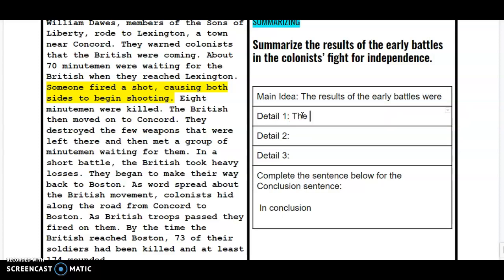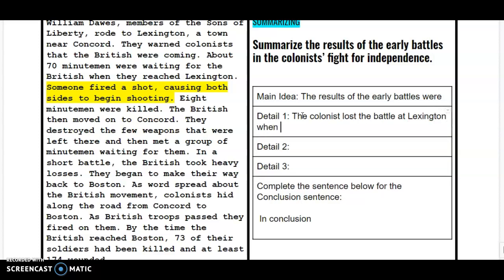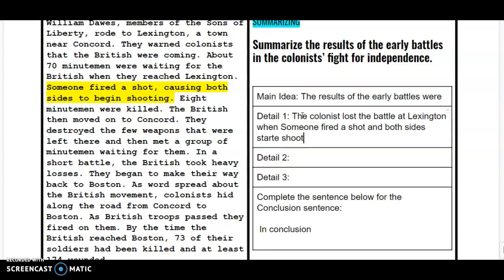So I'm going to say the colonists lost the battle at Lexington when someone fired a shot and both sides started shooting.